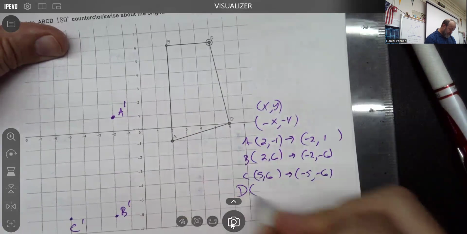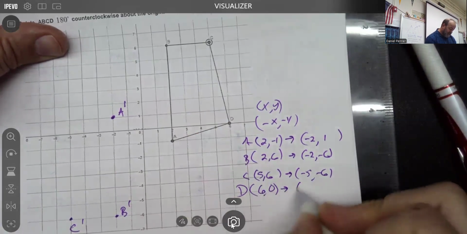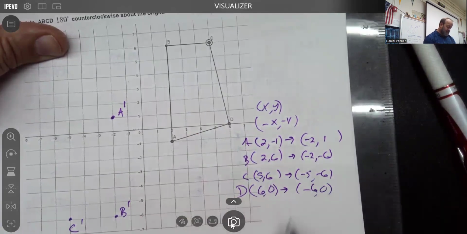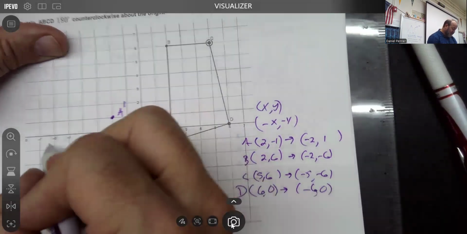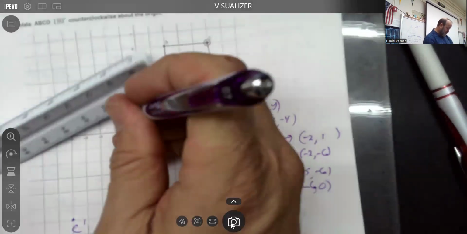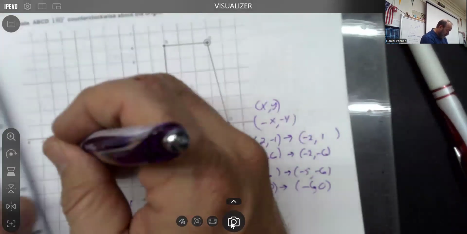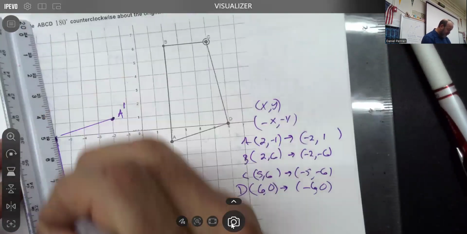And last, D, my old one was (6, 0). My new one is going to be at (negative 6, 0), and the opposite of 0, of course, is 0. So hopefully we did okay. And I'm going to go ahead and take a straight edge so it looks decent. There we go.